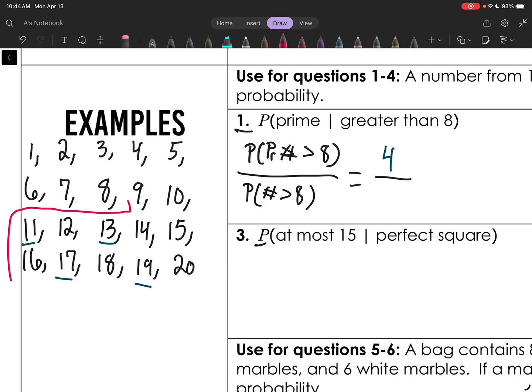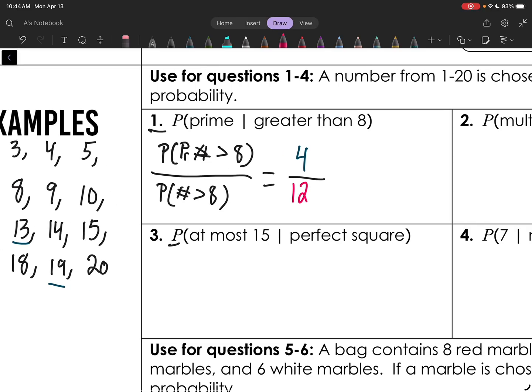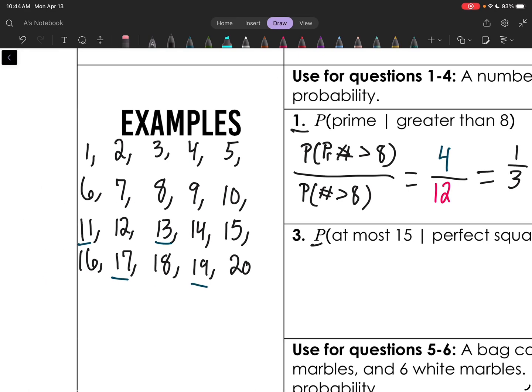That is 9 through 20, which is 12 numbers. 4 divided by 12 is 1/3, about 33%. Okay, number 1 is finished.